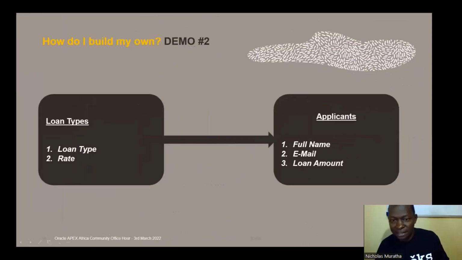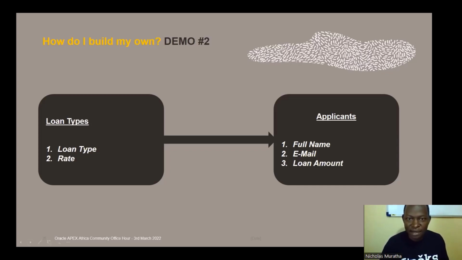And then lastly, before we close, how can I build my own loan app? This is more or less a demo of how you can build your own loan app from scratch using Oracle Apex, no coding, 100% just declarative, and you already have an app.